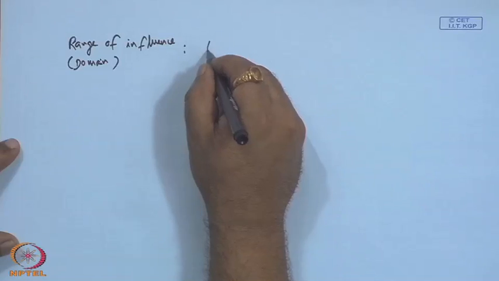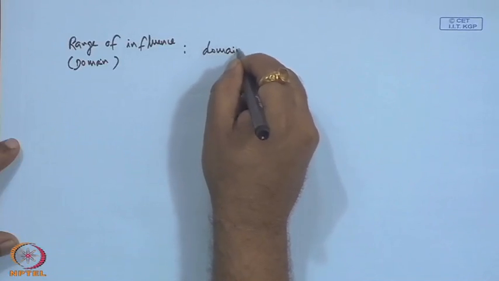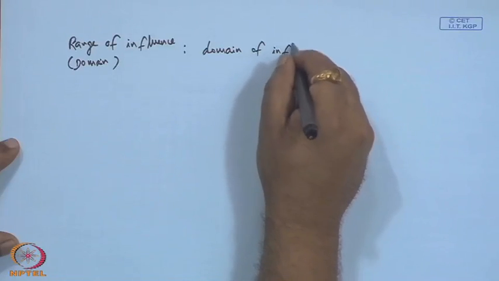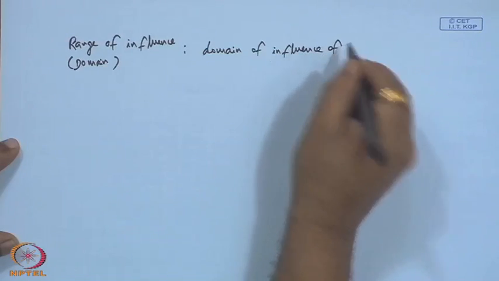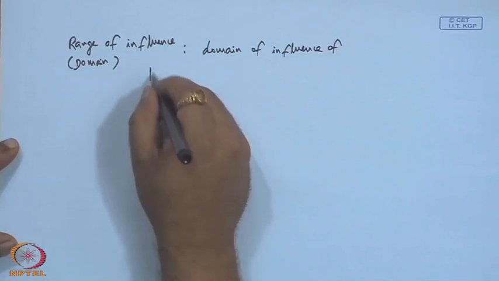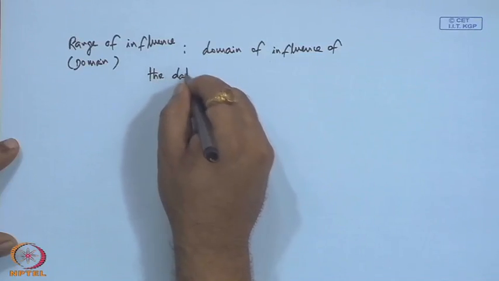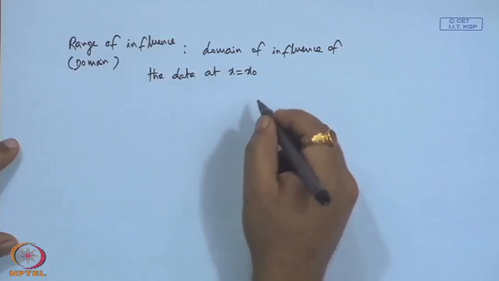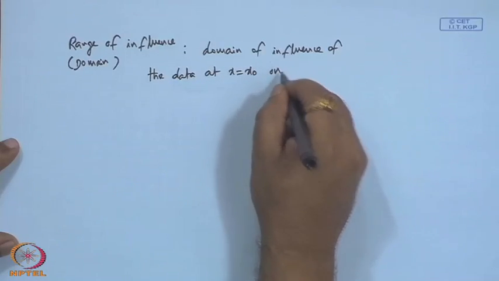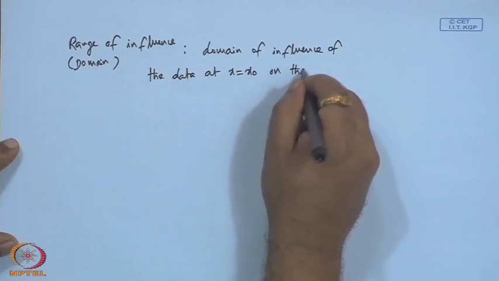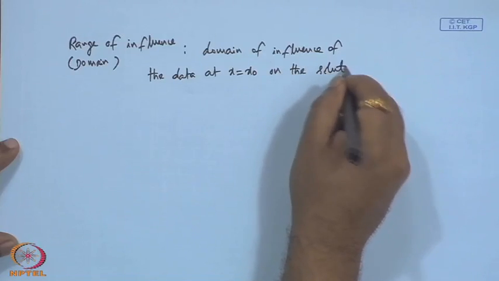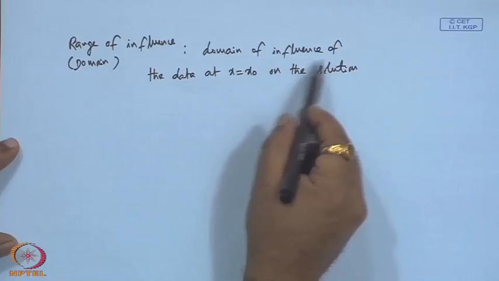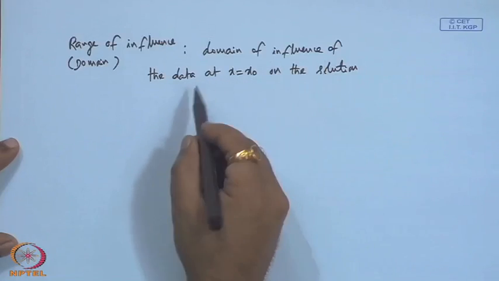Which means the domain of influence of the data at x equal to x naught, the initial point, on the solution.